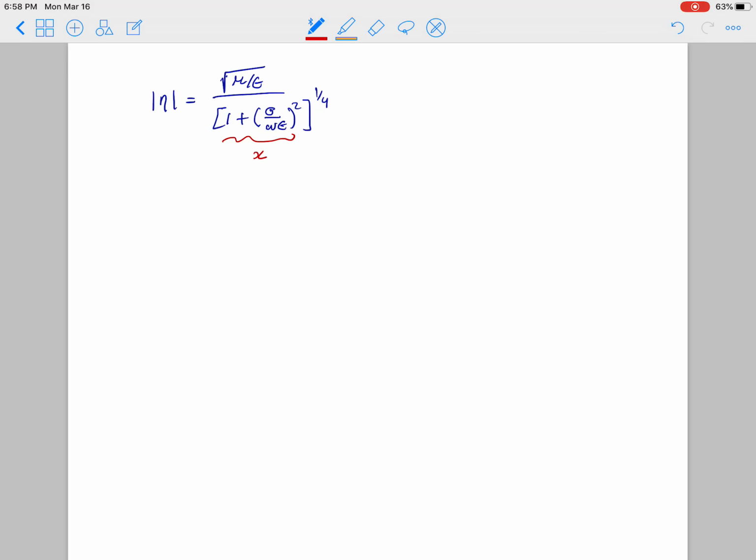So this term is actually x from the previous analysis. This one is a very interesting term.